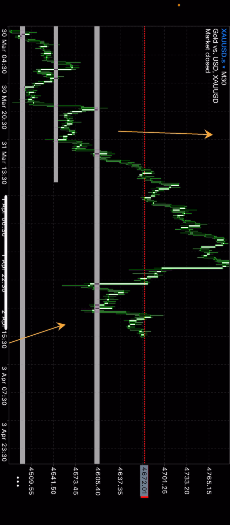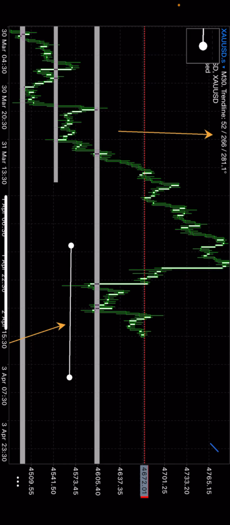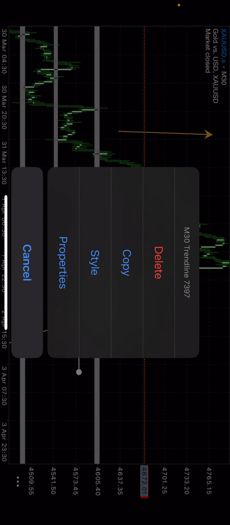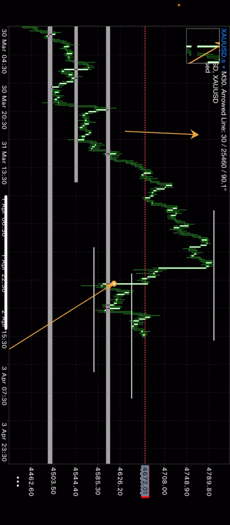So you can see we have buyers holding that support already by giving us equal lows. With this pullback you have lower lows, lower highs, equal lows, then new highs.